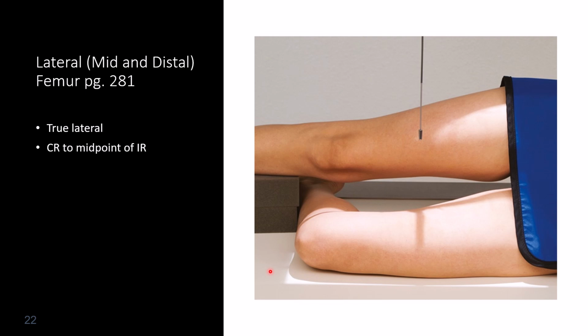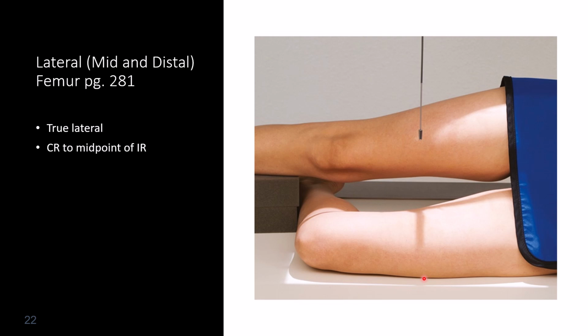And you're going to adjust the patient so that you include the knee joint at the bottom of the IR. But the most challenging thing with this is you try to have the femur run with the long axis of the table, meaning you have to constantly scoot them back and get this leg to be straight and ideally in the middle of the table.